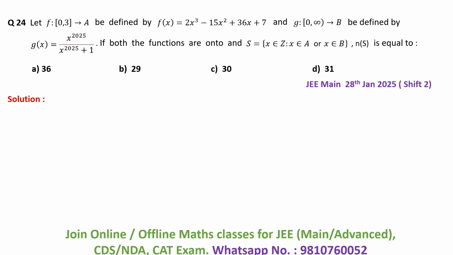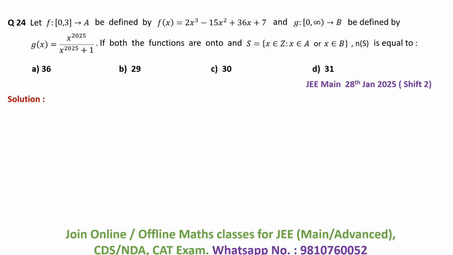Now students, it's an interesting question involving the concepts of functions and maxima and minima. It says, let f from the closed interval 0 to 3 to capital A be defined by f(x) equal to 2x cubed minus 15x squared plus 36x plus 7, and g from the closed interval 0 to infinity to capital B be defined by g(x) equal to x to the power 2025 divided by x to the power 2025 plus 1.